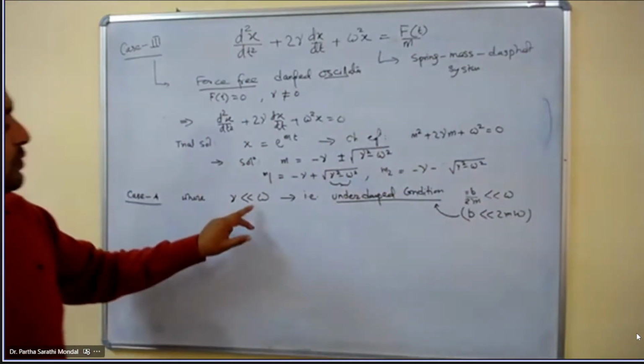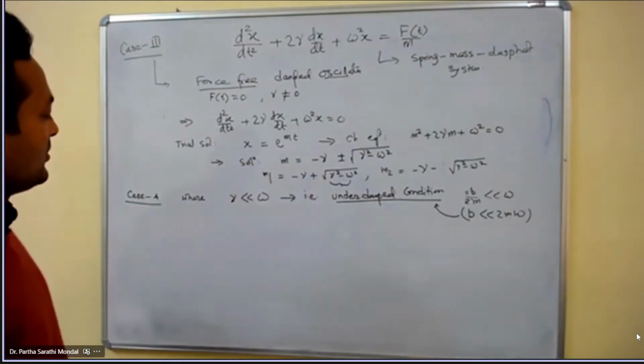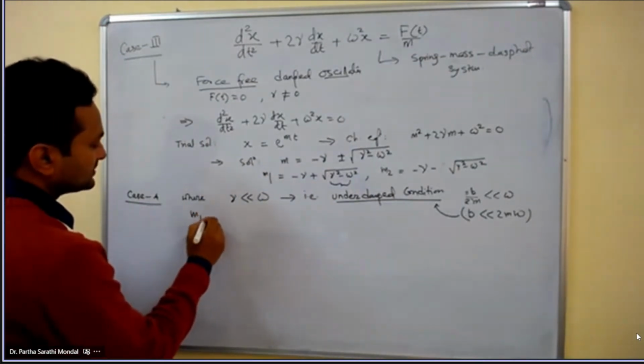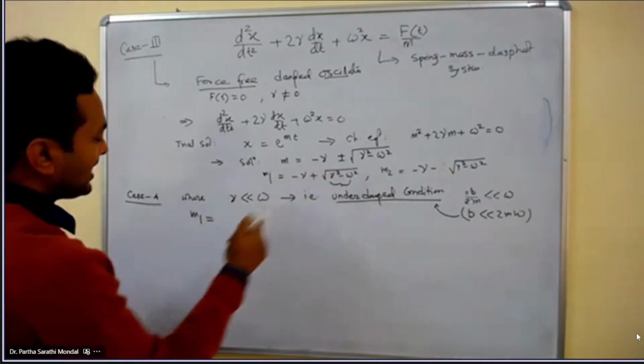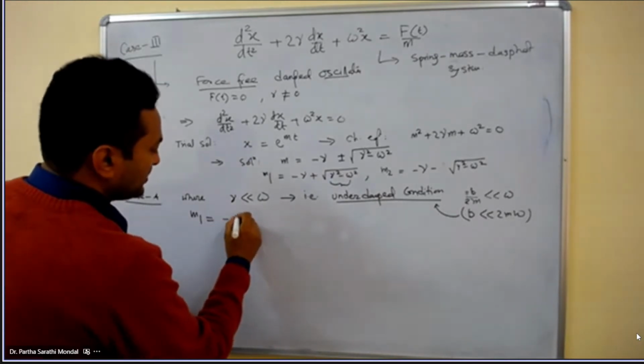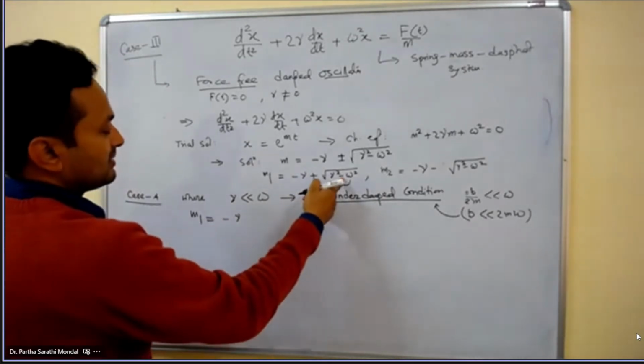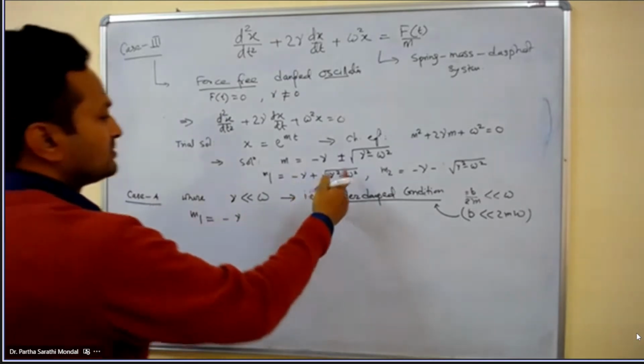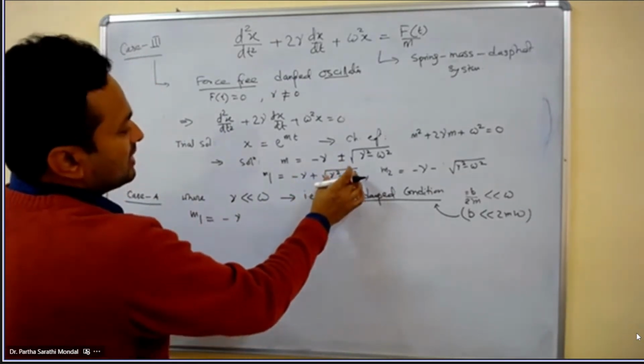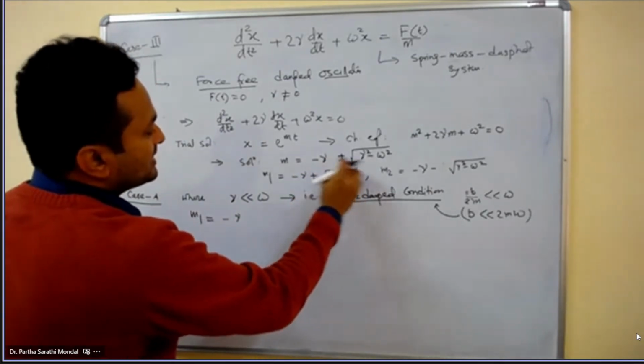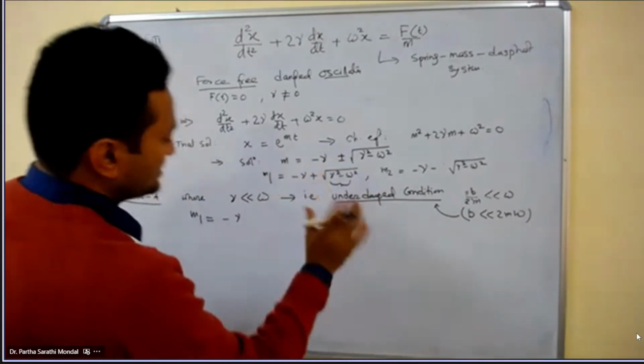Now if I put this condition here, then your m will become imaginary. So what do I have to do? Take minus common, so that the parameter inside the root is positive.